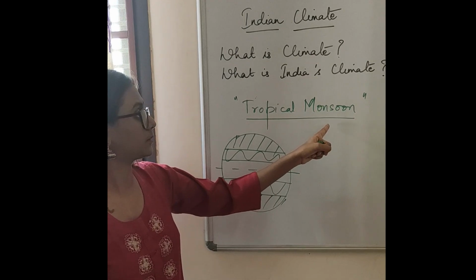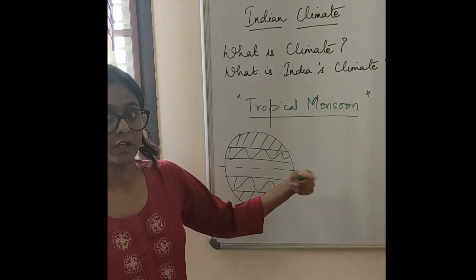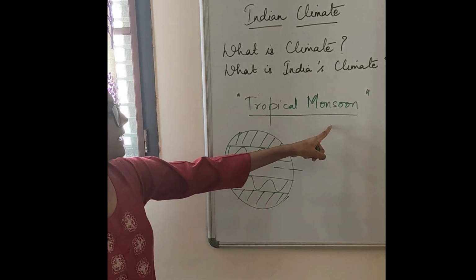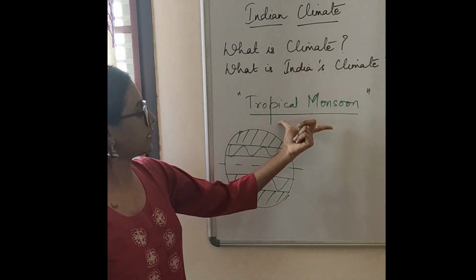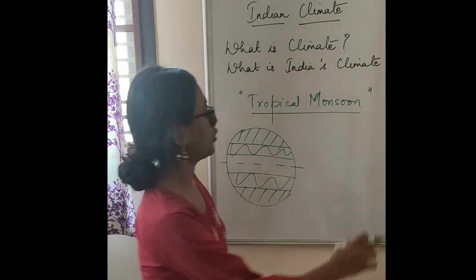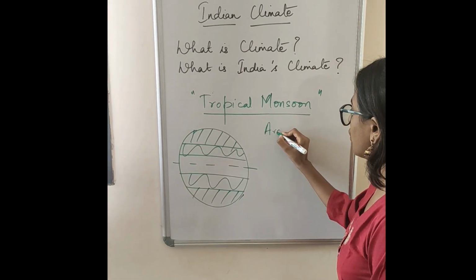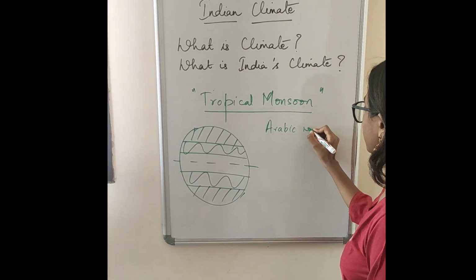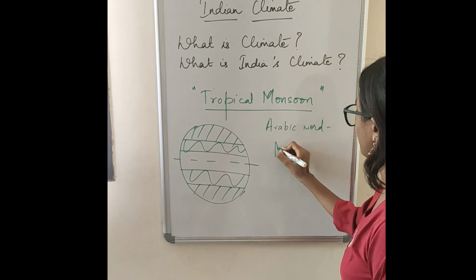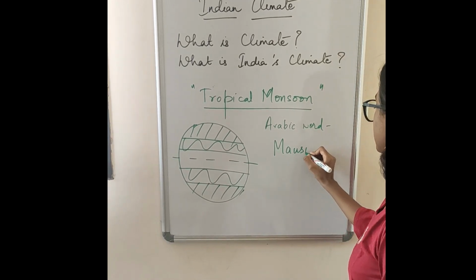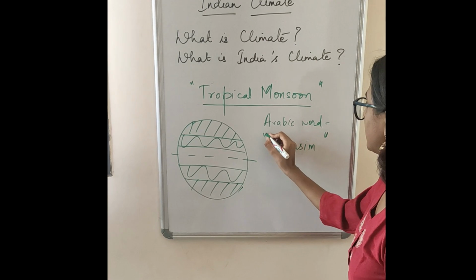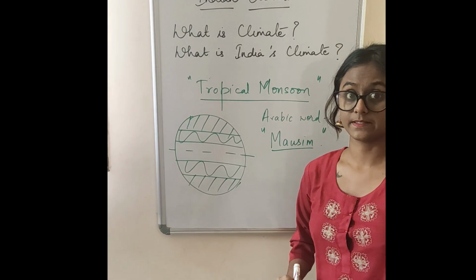I will tell more about that in the coming topics. So you need to know that our Indian climate is tropical monsoon. The word monsoon has come from the Arabic word for seasons.